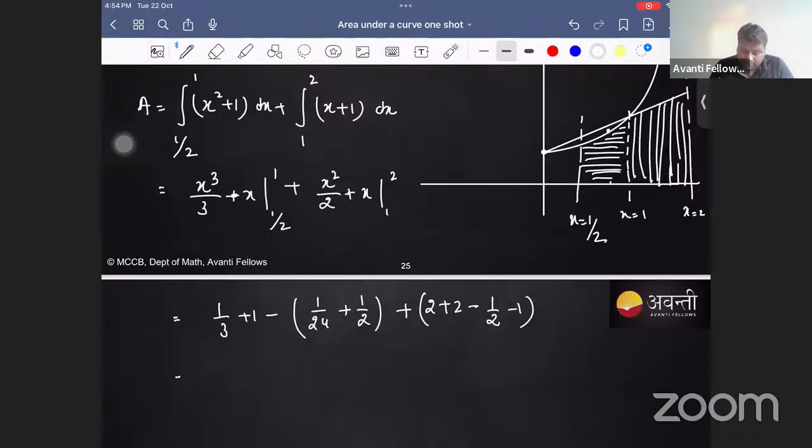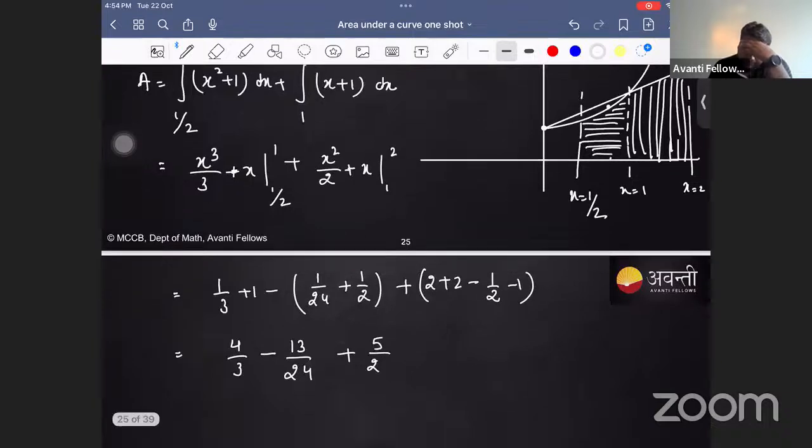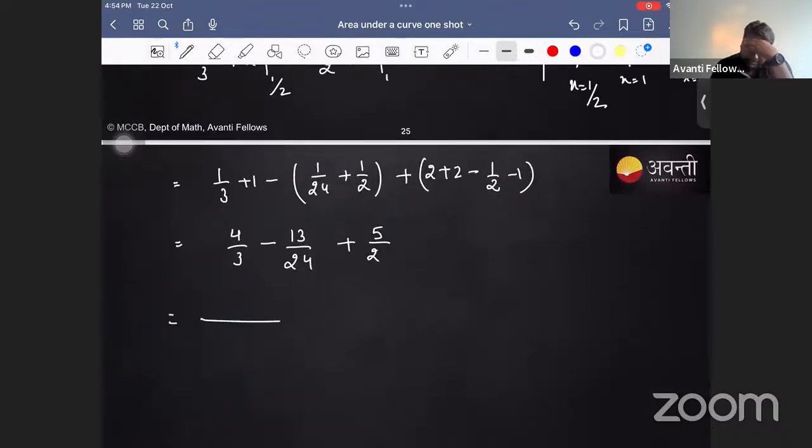This should be your answer. So it is 4 by 3 minus 13 upon 24, plus 4 minus 1, 3 minus half, 5 by 8. If I take its LCM as 24, 3 8s are 24, 8 4s are 32, minus 13 plus 60.